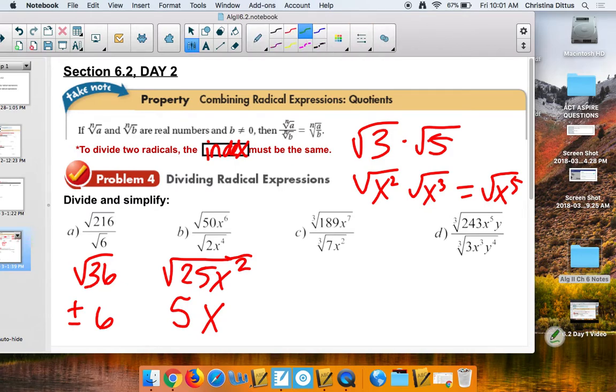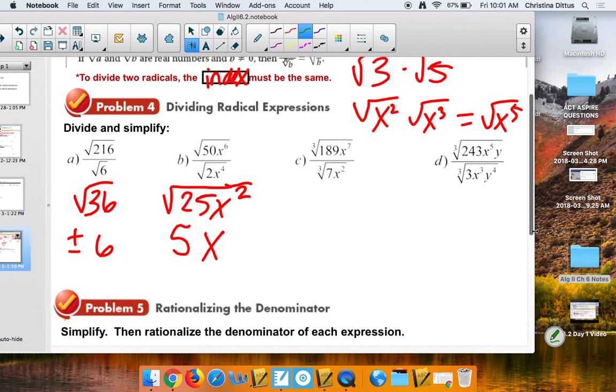Okay. C. What's the first thing I have to check? Indexes are the same? Yeah. So I'm gonna do the cubed root of what? 27. And I get x how much? x to the 5th. Is 27 okay to go with the cubed root? Yes.